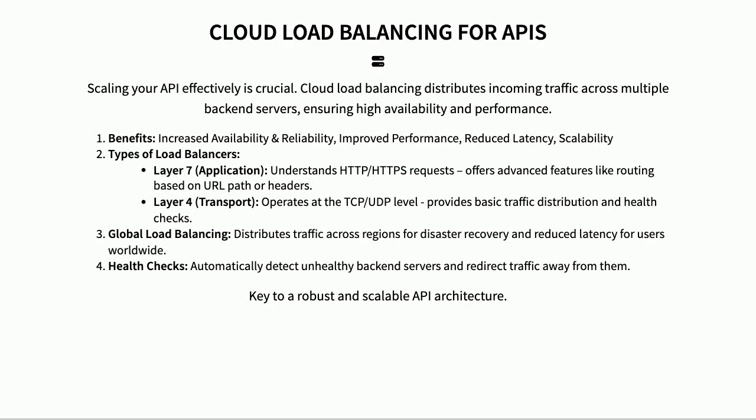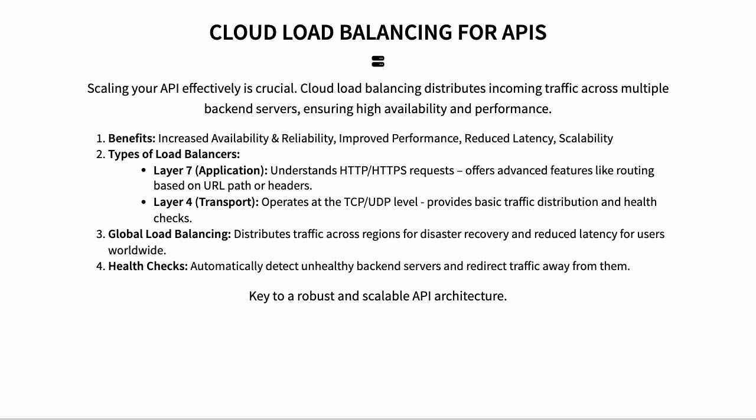Okay, let's talk about making your API super reliable, specifically using cloud load balancing. Think of it like this: as more people start hitting your API, you don't want just one server getting overwhelmed and crashing. Cloud load balancers automatically spread the traffic across multiple servers, so if one goes down, others take over seamlessly. There are different types.